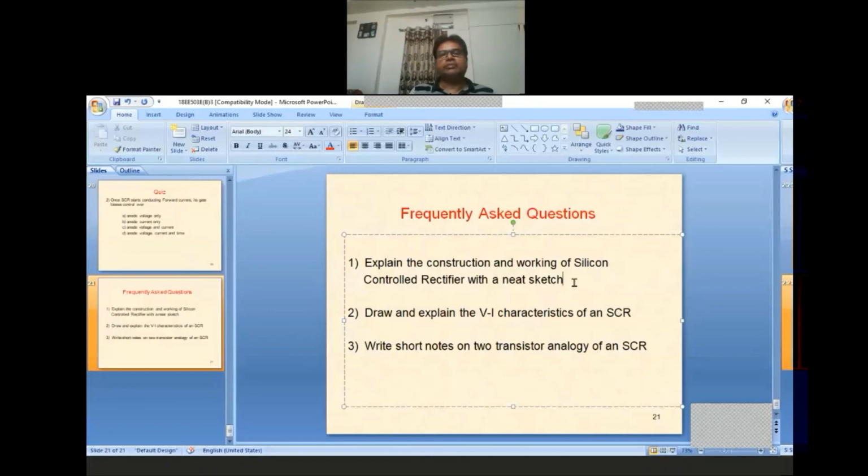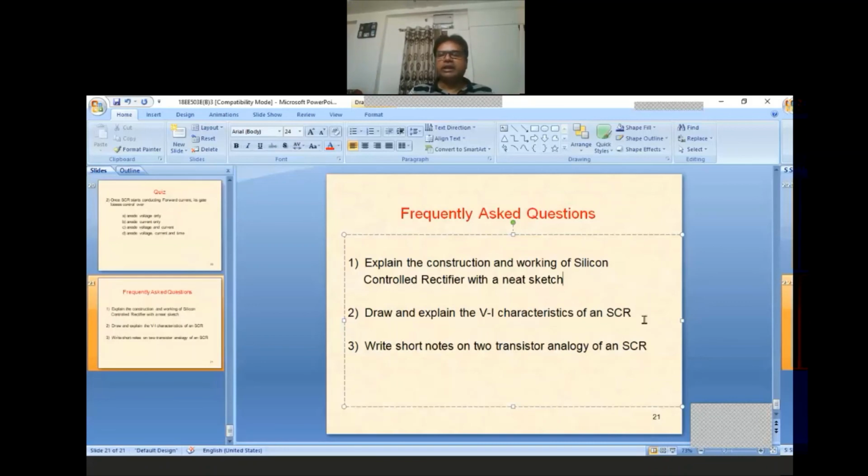You need not explain the VA characteristics. Just discuss how the junctions will vanish, how the current will increase in both forward and reverse bias, and how avalanche breakdowns occur.